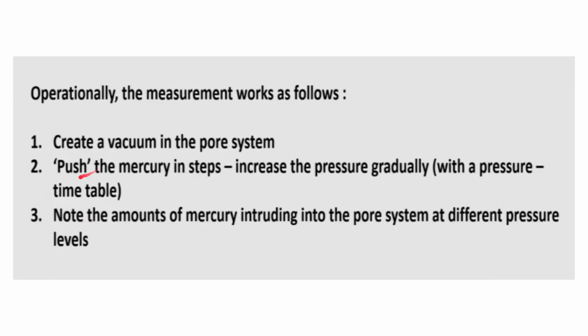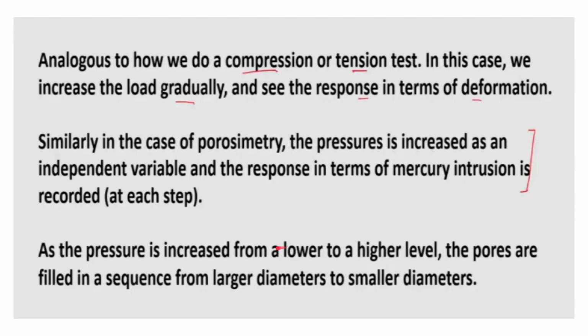So operationally, the measurement works as follows. We firstly create a vacuum in the pore system. We push the mercury in steps, increase the pressure gradually with a pressure timetable, and note the amounts of mercury intruding into the pore system at different pressure levels. This whole process is similar to what we do in a compression or tension test, in UTM or tensile testing.